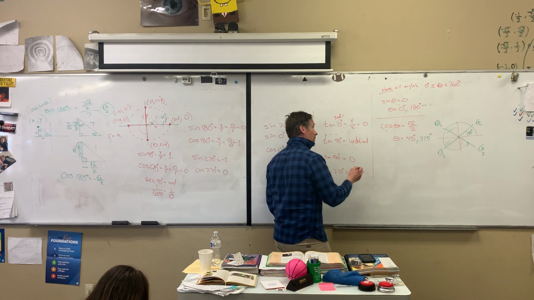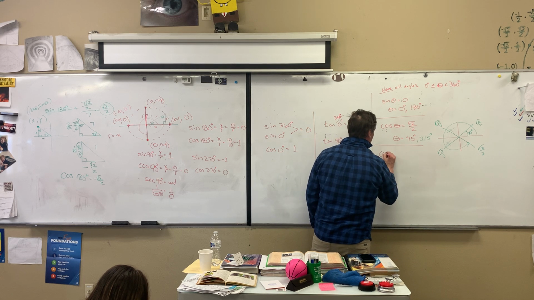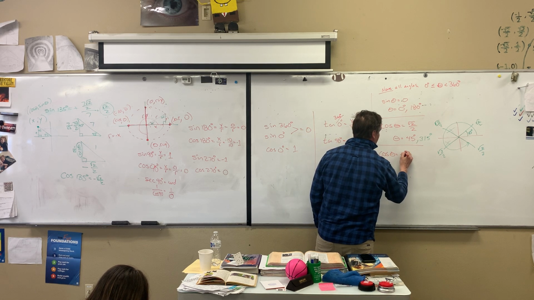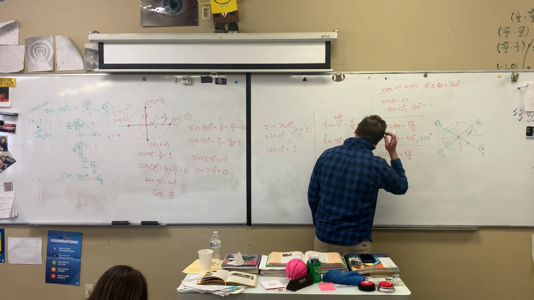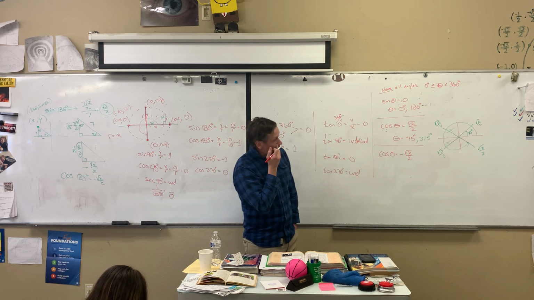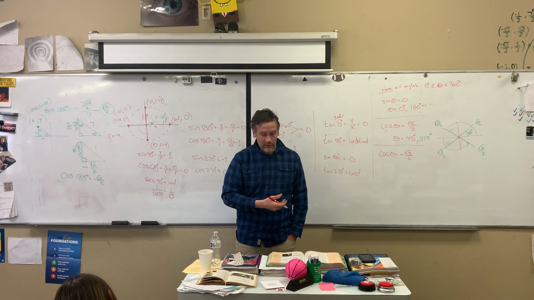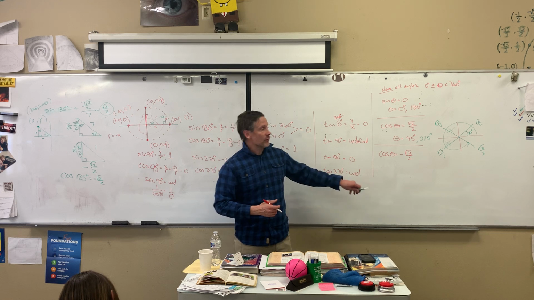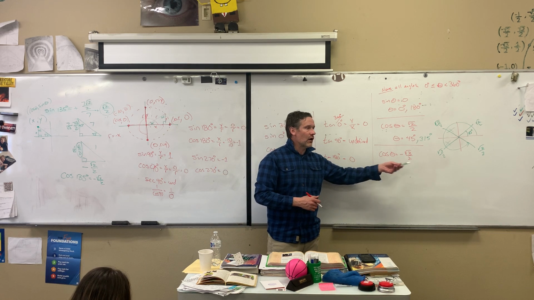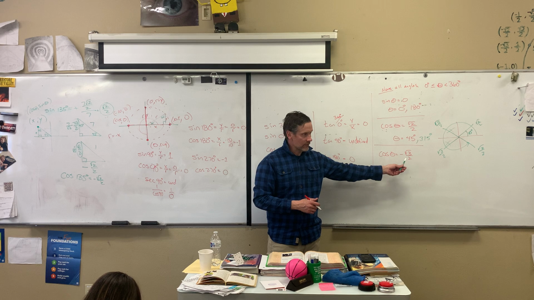So let's try this one. Cosine, now try going no calculator on this. And the reason why I can say no calculator is, what kind of ratio is this? This is what I call a unit circle ratio, right?